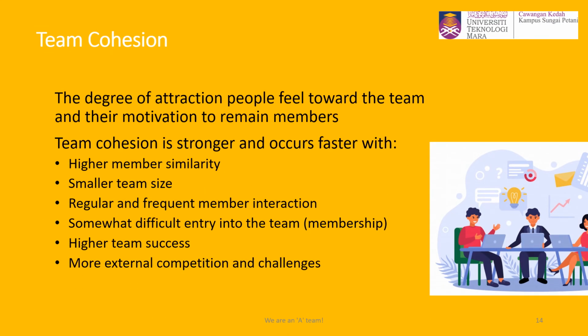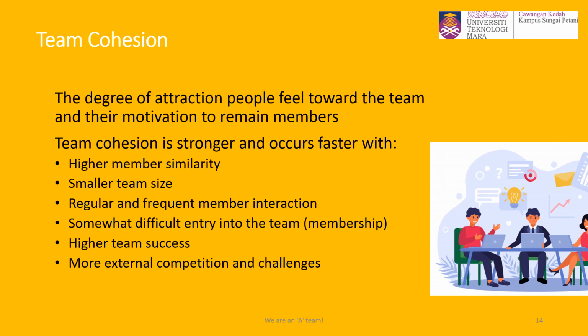The third component of team processes is team cohesion. Team cohesion is the degree of attraction which a person feels towards the team and their motivation to remain as members of the team. Team cohesion becomes stronger and occurs faster when members have similarities.